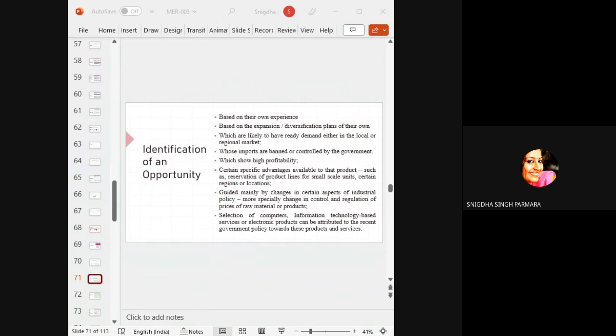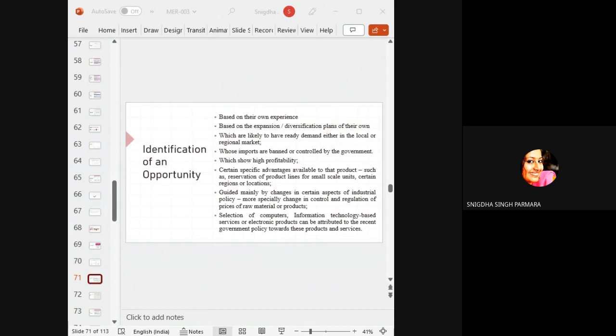When certain specific advantages are available for producing a particular product, for instance, the government is giving a lot of subsidies, financial assistance, tax subsidies to industries which are entering into manufacturing or export processing sectors.